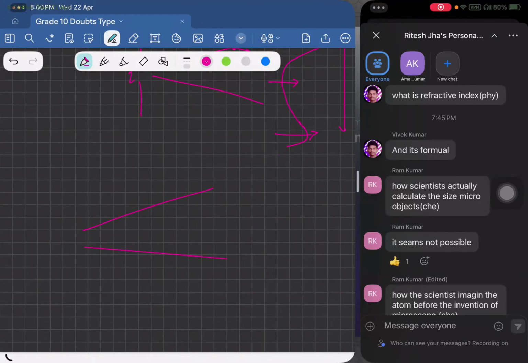Suppose this is part of a circle, and this is r, the radius of the circle, and this is s. If I know the arc length and the radius, can I determine theta, this angle?